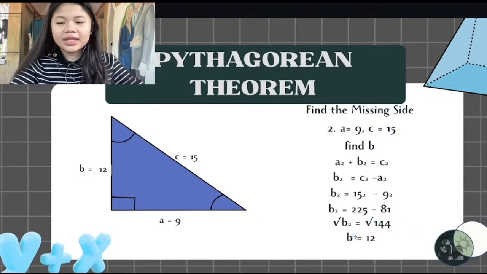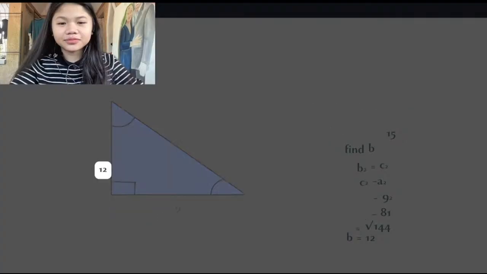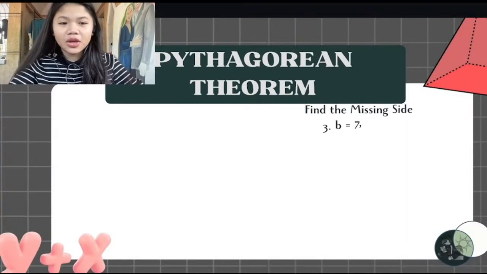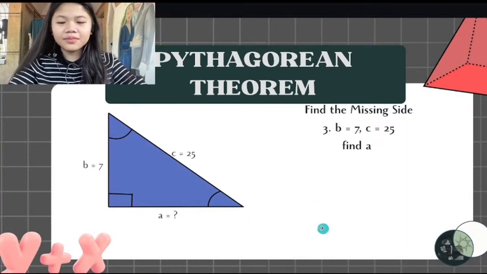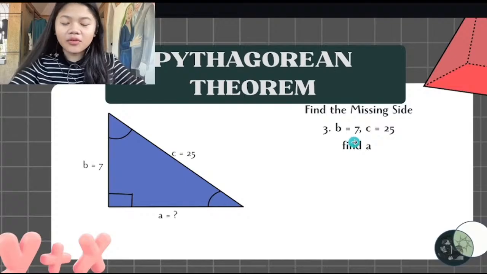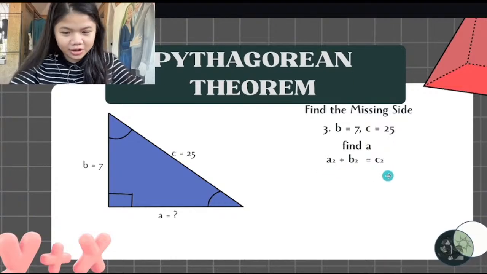Okay? And the last example, we are given b equals 7 and c equals 25. And we are trying to find a. Okay? So, we start with a squared plus b squared equals c squared.